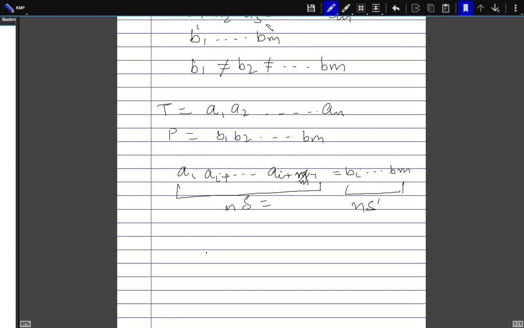But how do we implement it as an algorithm? Let's make a very important but simple observation. We discussed earlier that if there are common characters in the pattern, we're basically trying to match the same character over and over again with the text, which we really don't need to do.